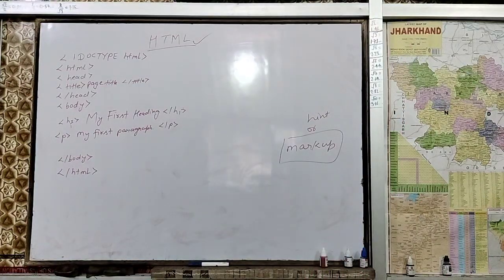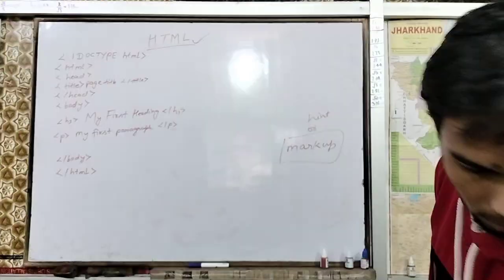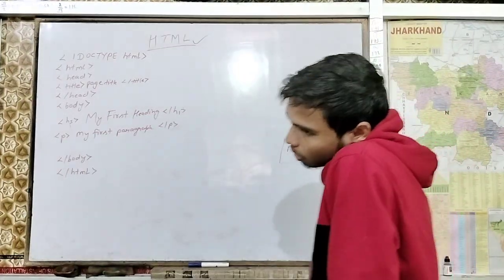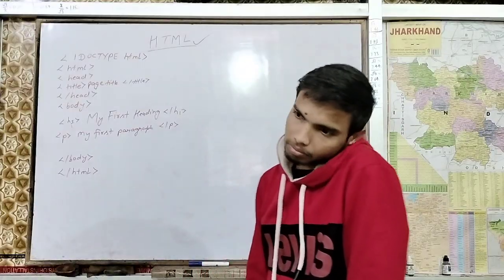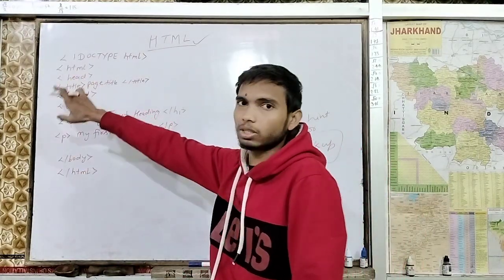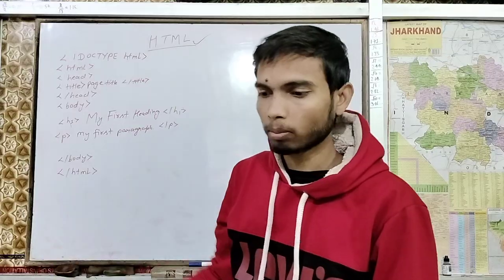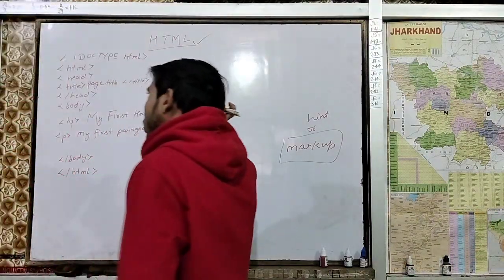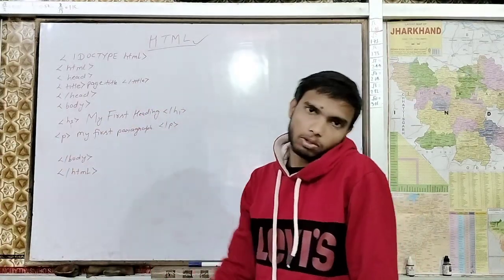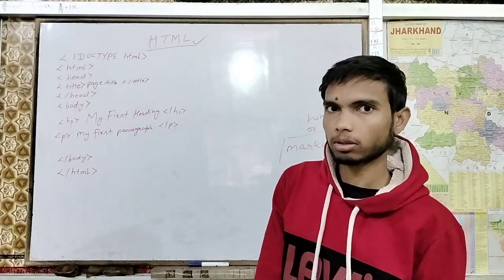Now the next thing is coming. As we know that we have an HTML document, so we start with the HTML tag. This is known as the document type tag, and this is known as the HTML tag. Clear? So first of course will come html.